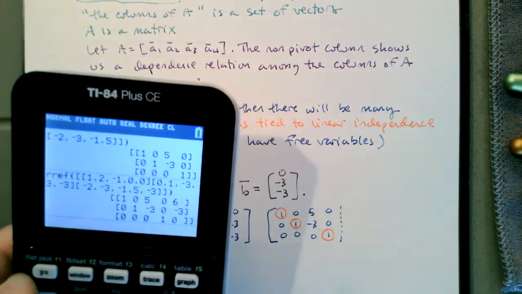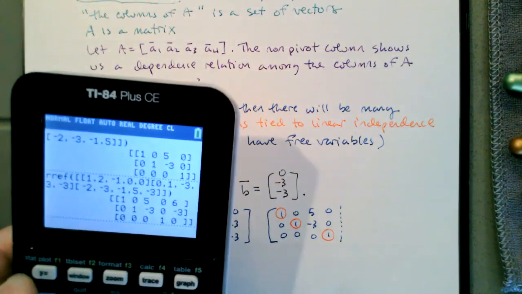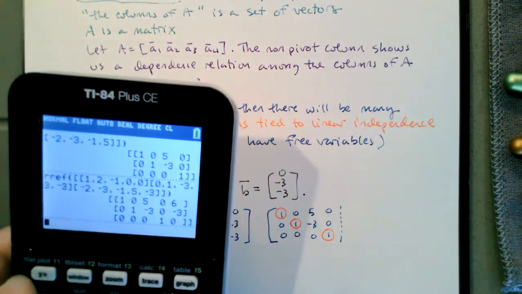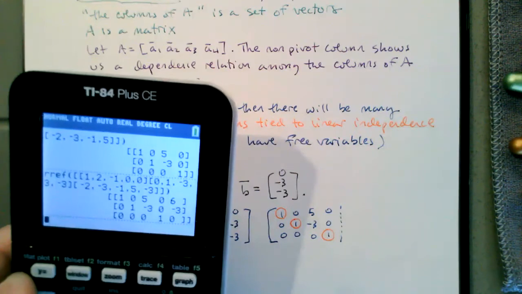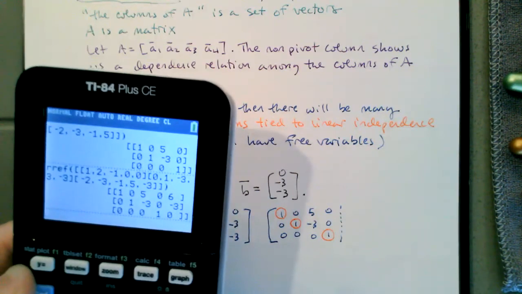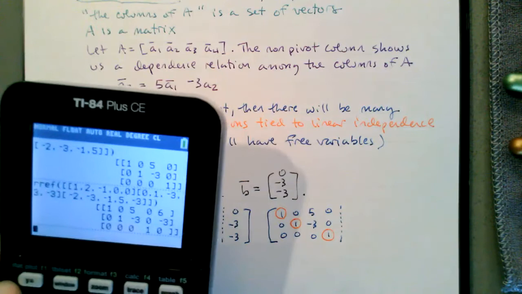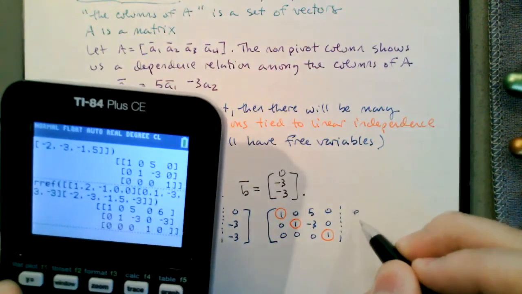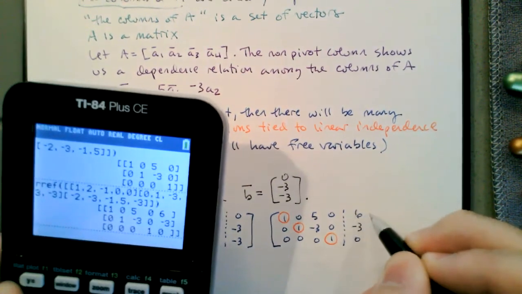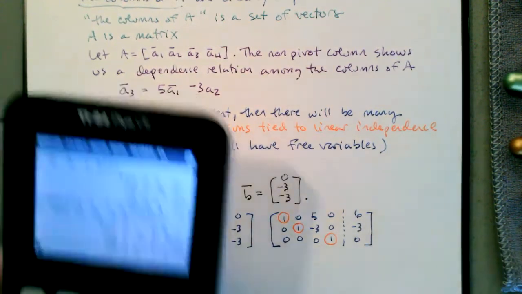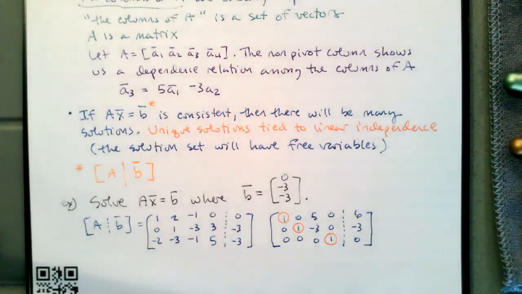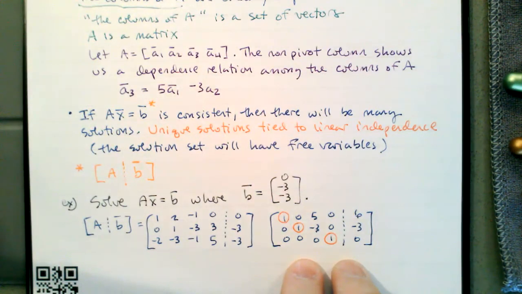So notice that the first 4 columns are just the reduced echelon form of A. And now the last column would correspond to the constants. So I get this matrix with a 6, -3. So this is the augmented matrix of a consistent equation.